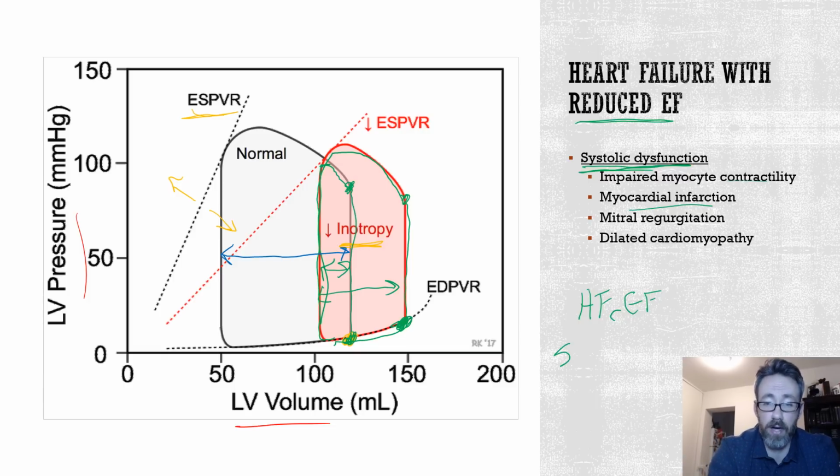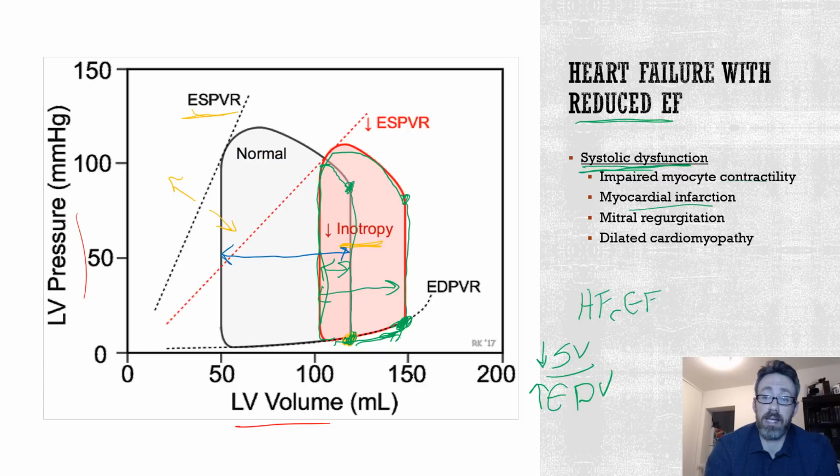If I have my stroke volume over the end diastolic volume, if my stroke volume has gone down, that's going to decrease my ejection fraction. But you notice that I had some increase in my end diastolic volume, because it's retaining more fluid because it's not ejecting as much.